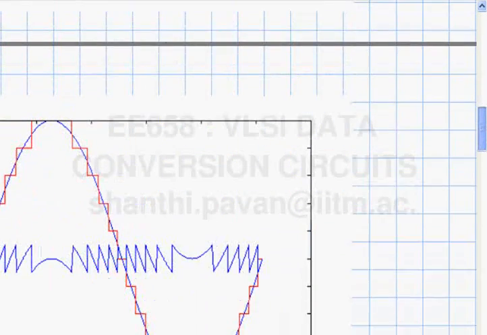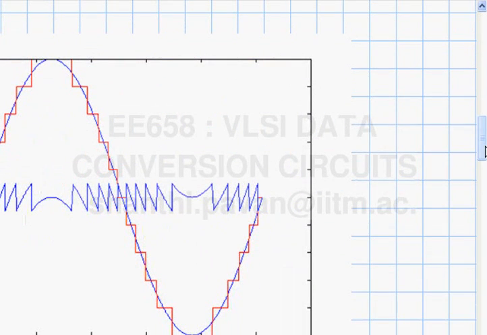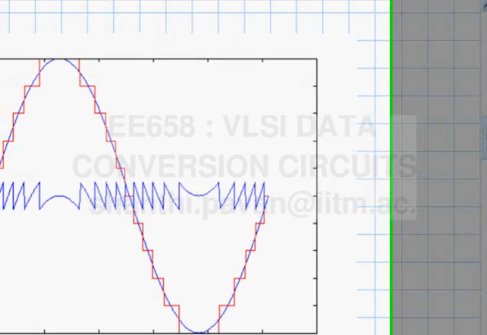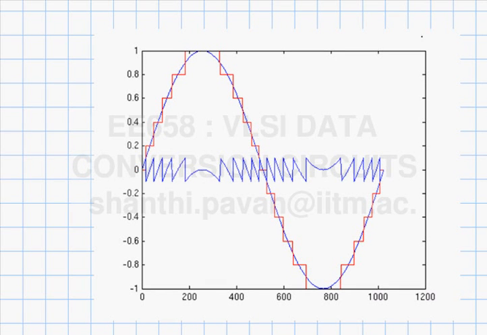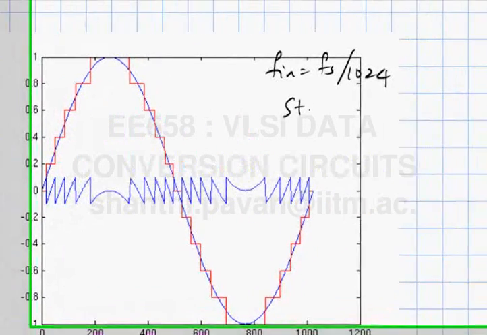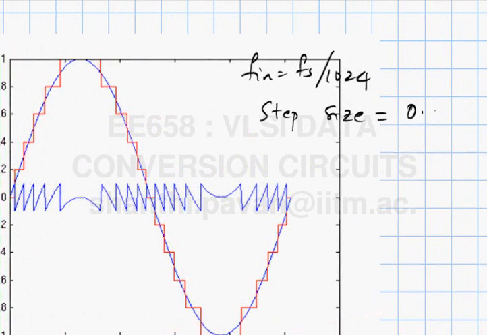To gain some more intuition, let's see what happens when I take the same sine wave and quantize it with a step size of 0.2 rather than 0.1. This is again Fn is Fs by 1024 as usual. In other words, the step size is increased by a factor of 2.